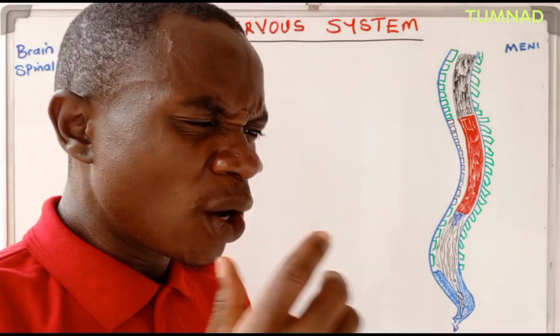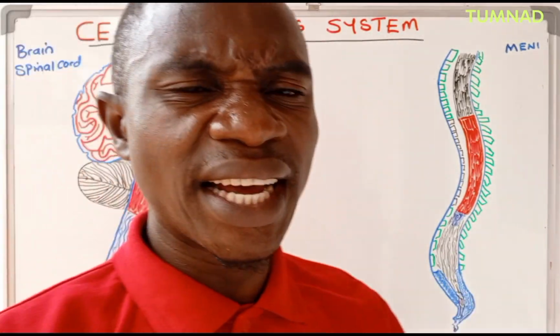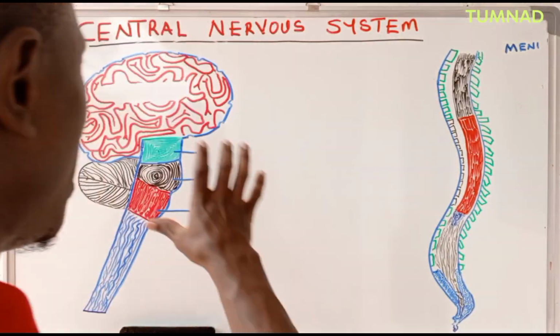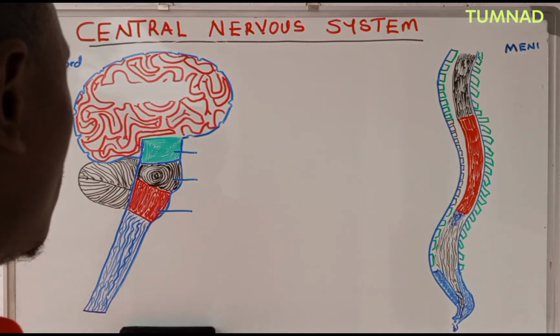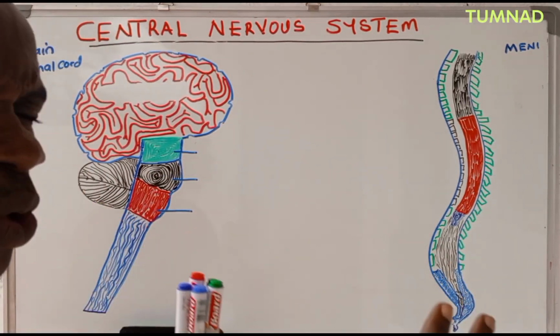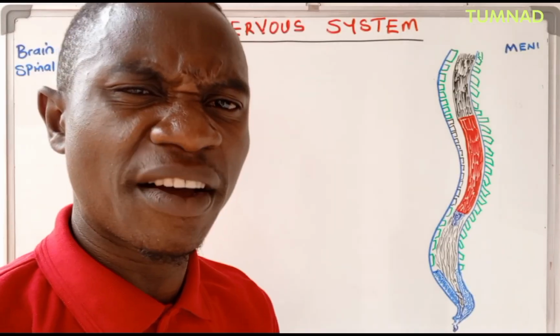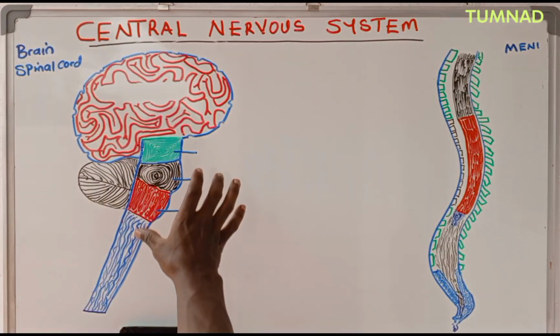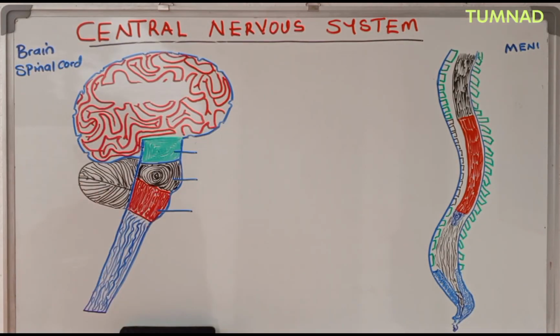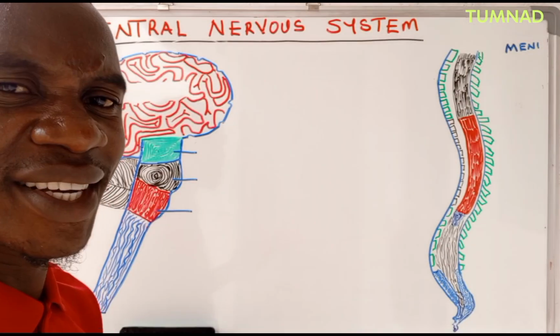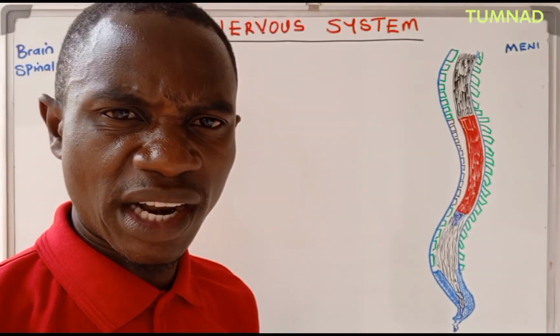Okay, we shall start a little bit with the anatomy of the central nervous system. As you look at this structure here, it is demonstrating parts of the central nervous system. Looking at this diagrammatic illustration, we want to see which one is the brain and which one is the spinal cord, because those are the two structures that make up the central nervous system.